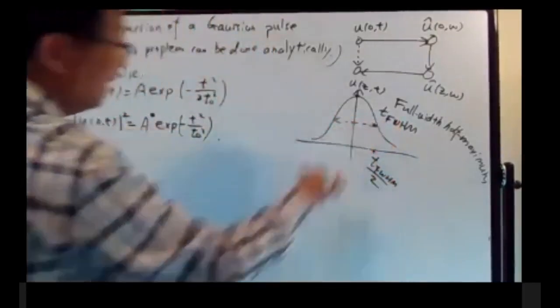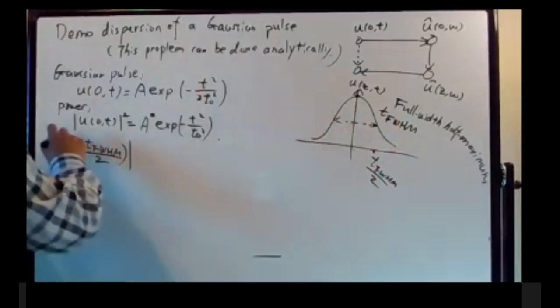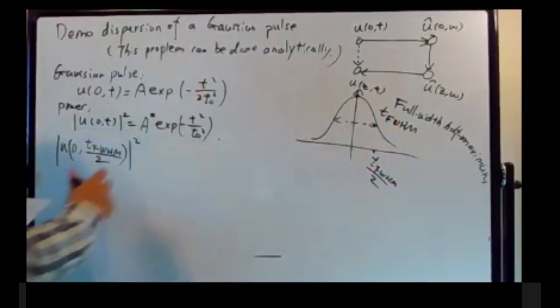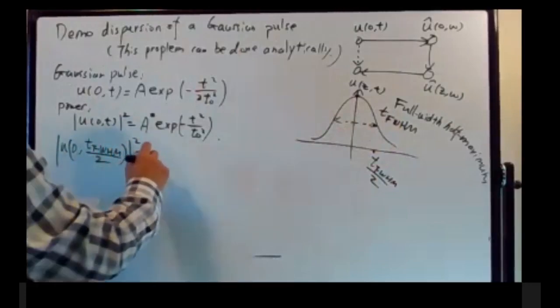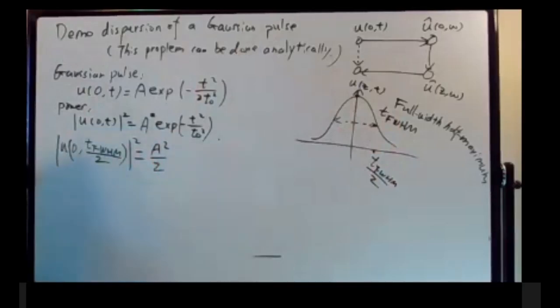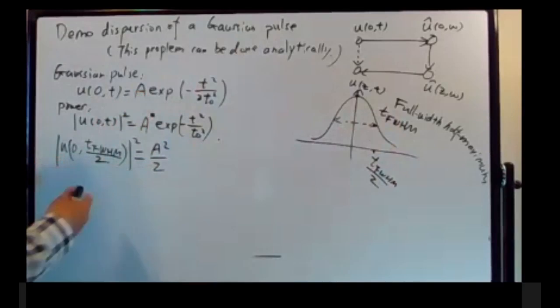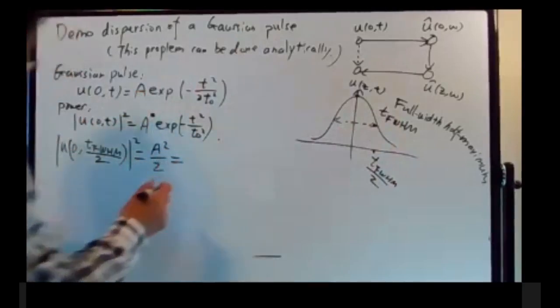At this point, the power should be half of the peak power, right? So this power should be A squared over 2, the peak divided by 2. How much is this value?